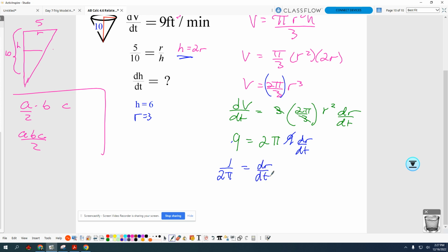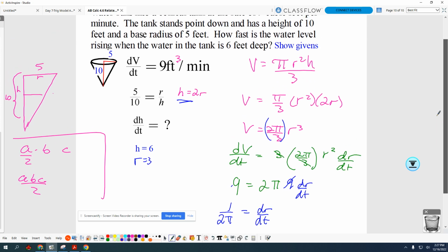Oh, sorry, I answered the wrong question. This asked for what is the change in the water level, not the radius. So the change in the height.